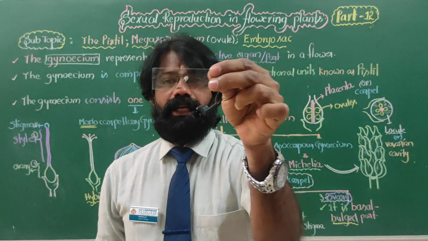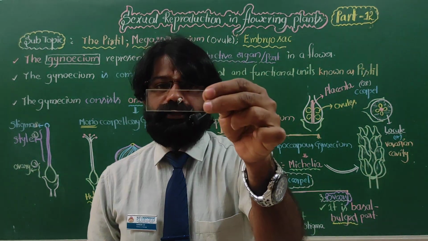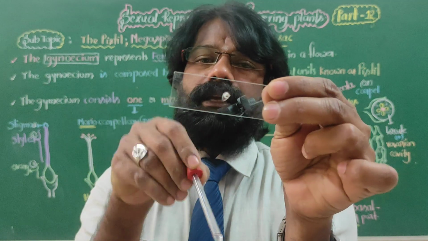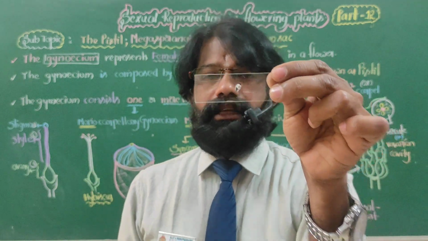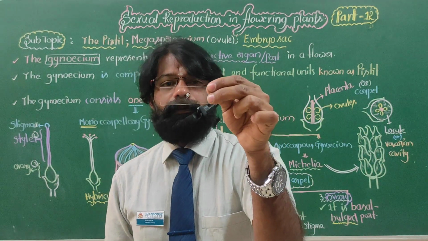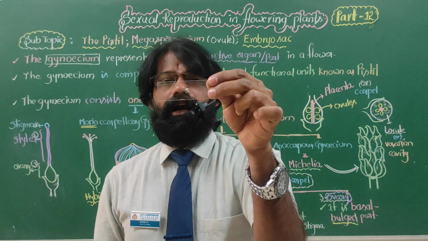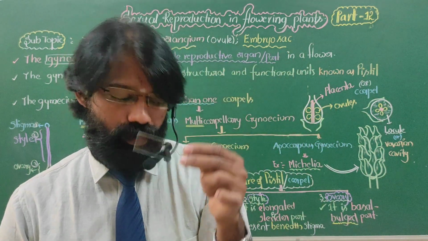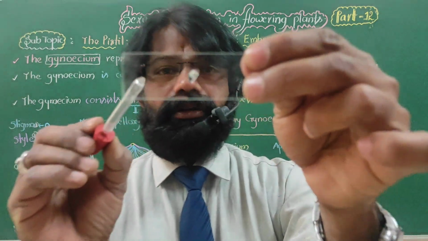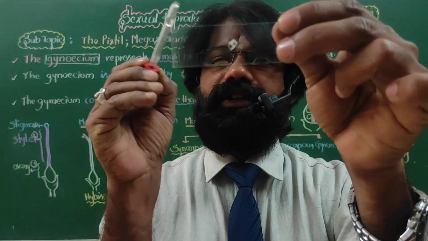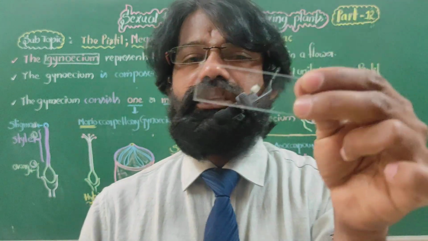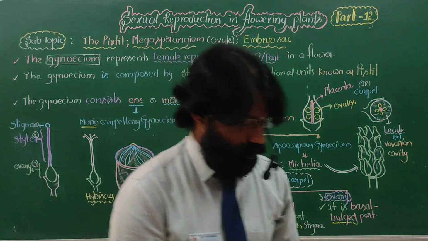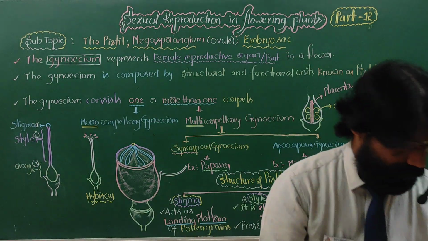This is an experiment, and it is there even for the board examinations. Here we need to find out how many locules are present inside. A single locule means monocarpellary, monolocular, and if there is more than one locule, it is multilocular. The ovules are attached to the central fleshy structure, which is the placenta. We will discuss all those things for the competitive examination.